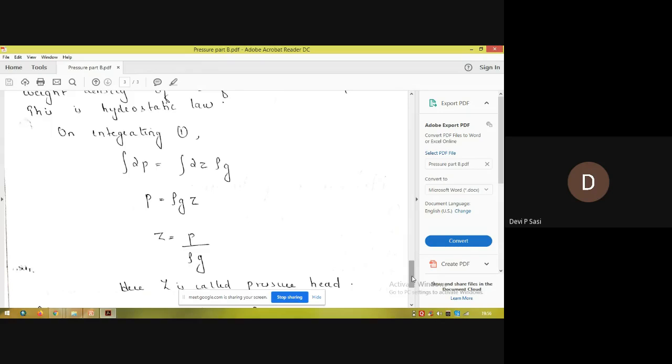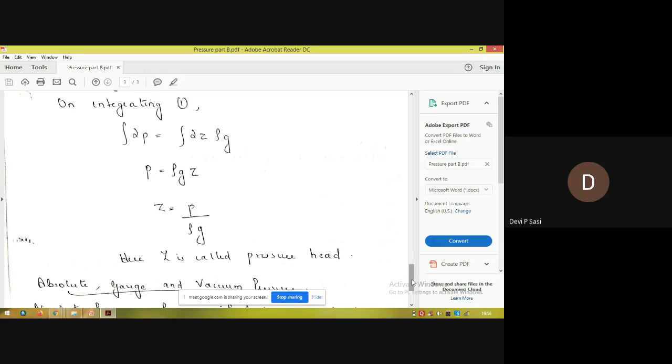Z is the depth here. So, P is equal to rho G Z. If H is the depth here, P is equal to rho G H. Z means it is the depth of the fluid. So, if H is the depth of the fluid, we may write P is equal to rho G H. So, we can write H or Z as P by rho G, and we may call Z the pressure head.